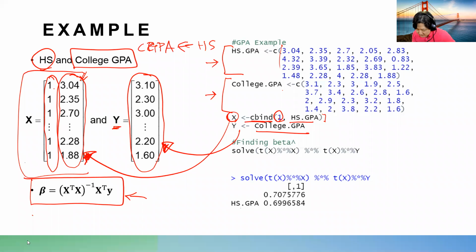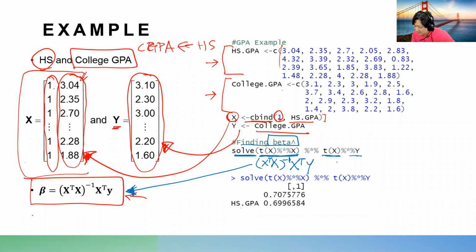Then let's find the beta. This is X transpose times X, then solve, which is the inverse, and then X transpose times Y.